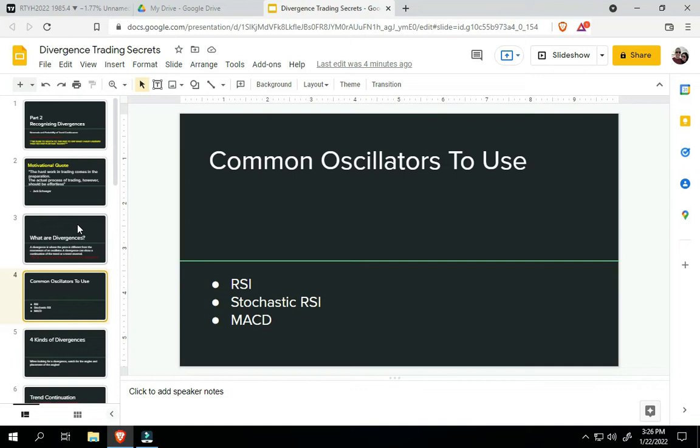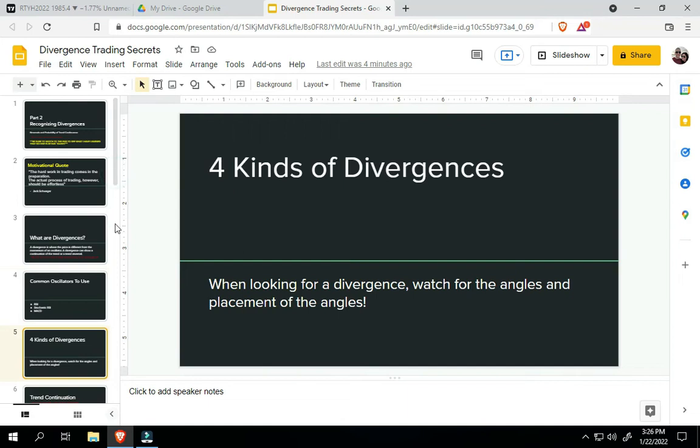Three of the most common ones are RSI, stochastic RSI, and the MACD. And whenever I show you the charts and go through some divergences, I will only use the RSI.